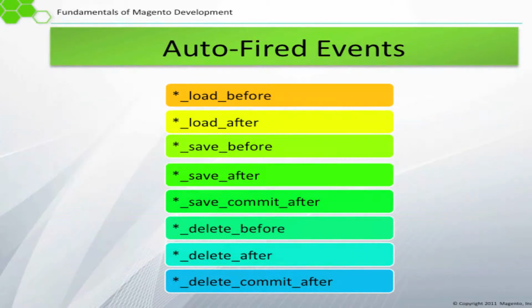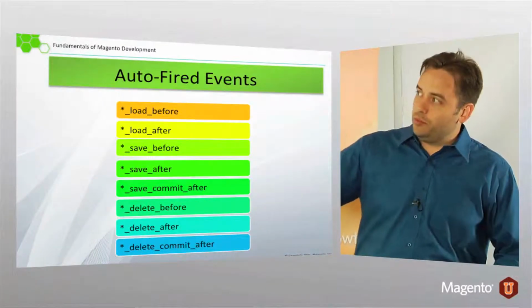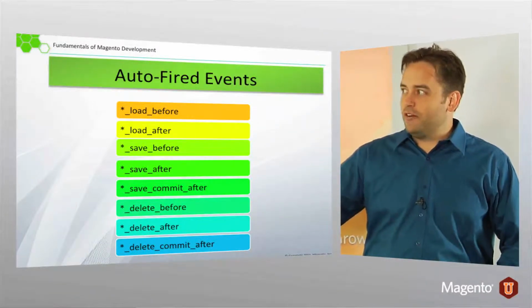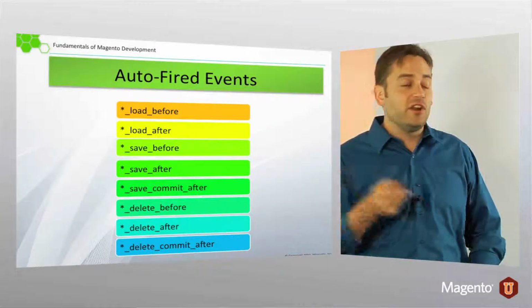Here's a list. So, for example, if I have identified my string as ben_first, and I have this model, ben_first, it would be ben_first_load_before, ben_first_load_after, ben_first_save_before.